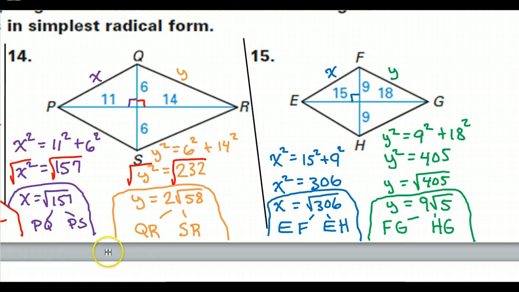Alright. Hopefully you paused the recording and worked these problems out on your own. Hopefully you're not just copying me. If you're just sitting there straight copying off the video, shame on you. Do your own work.